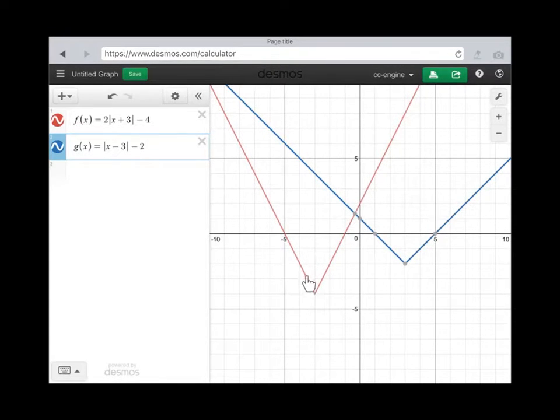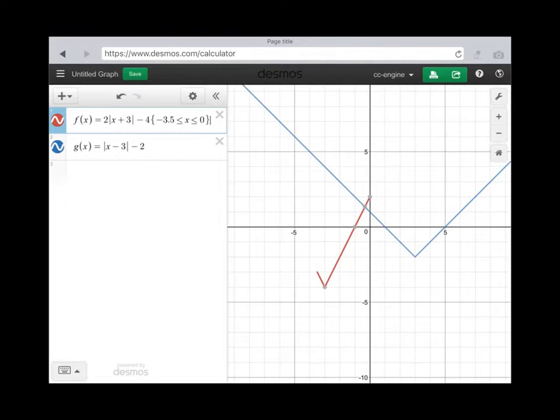So I'm going to put a limitation on my red line to say that -3.5 is less than or equal to x, which is less than or equal to 0. And so the only part of my graph that will show will be between x equals -3.5 and x equals 0. So just in this region, that's the only thing that's going to show up.